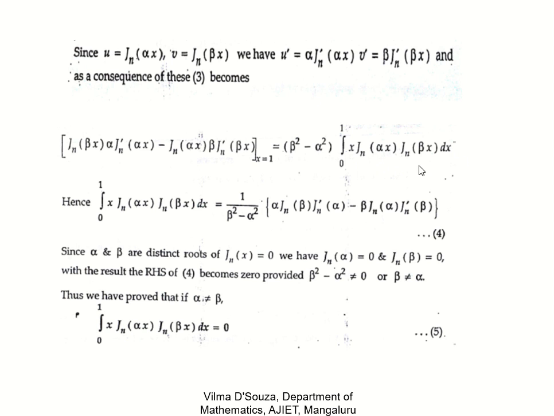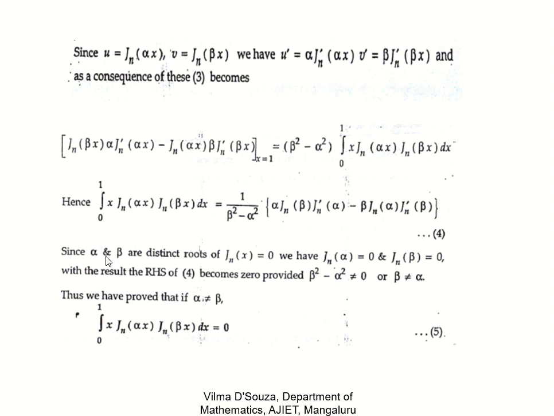Now, what is the integral of x into Jn of alpha x into Jn of beta x? Divide throughout by beta square minus alpha square.